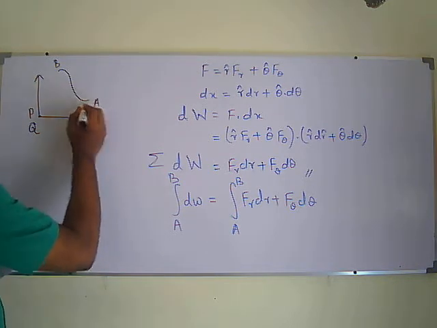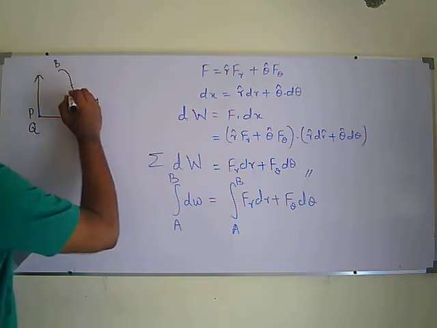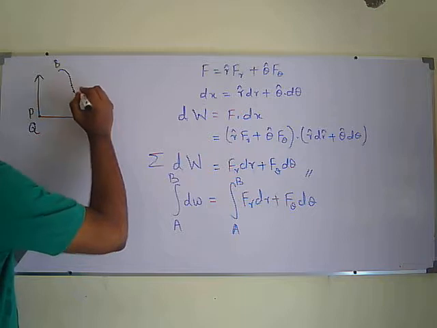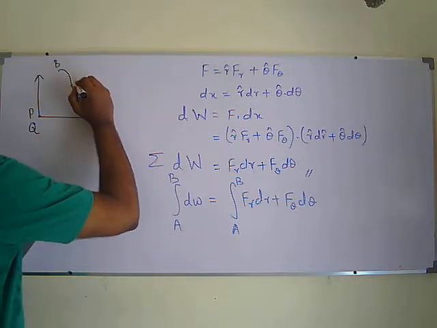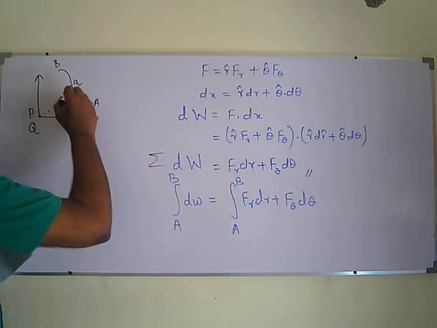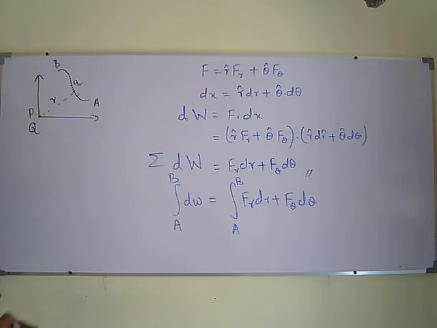So a charged particle is moved from A to B. Consider a small distance delta x or dx. It's moved from here to here. So when the charged particle is at this position, a charged particle q is moved, right? So this is the distance r of the charge q from capital Q.